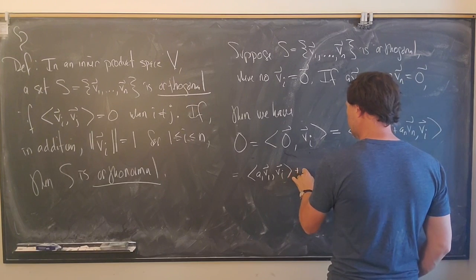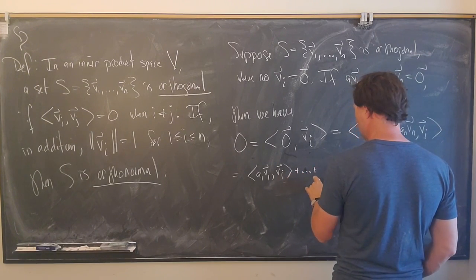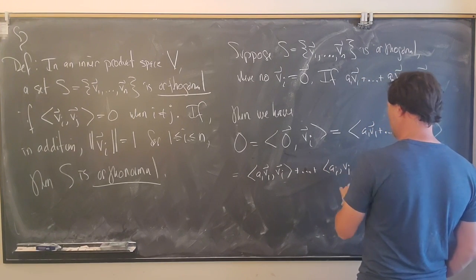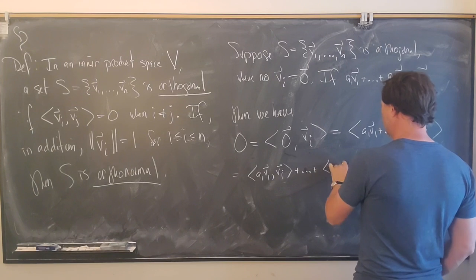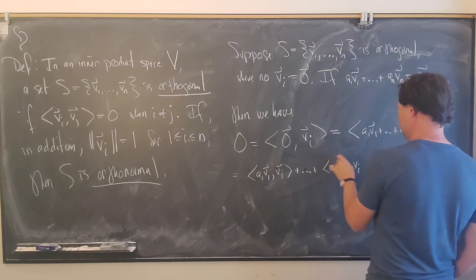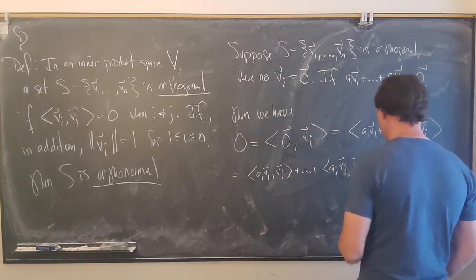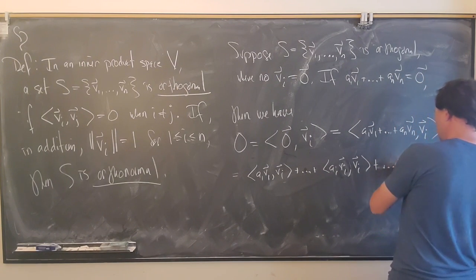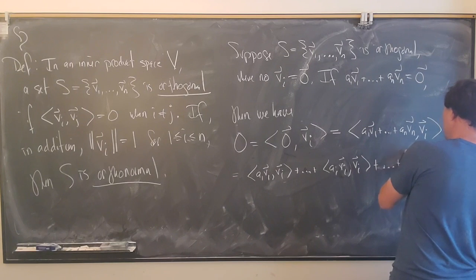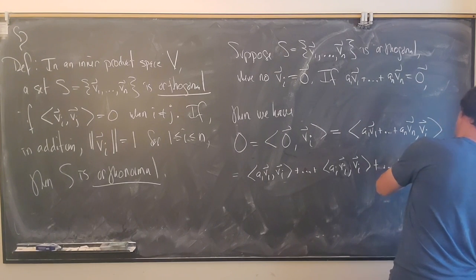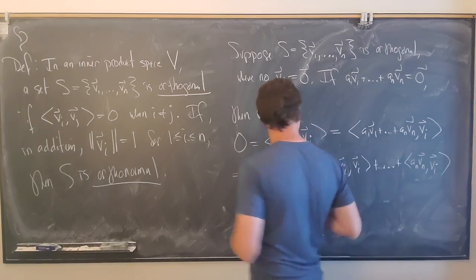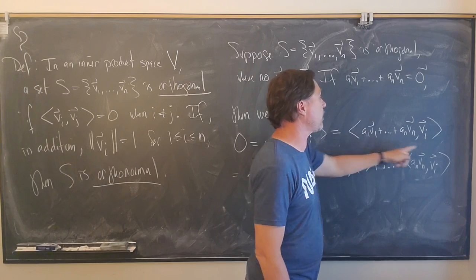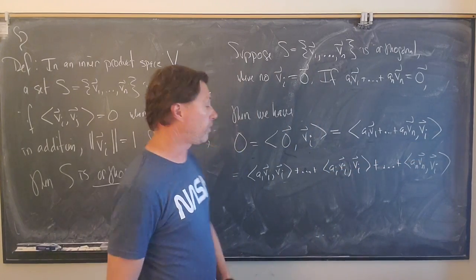Eventually we'll get to v sub i, so this will be a sub i v sub i inner product with v sub i, and then we keep going. Eventually we'll get to the inner product of a sub n v sub n with v sub i. So all I've done is apply the distributive property. Each of these terms within the summation, inner product with v sub i.